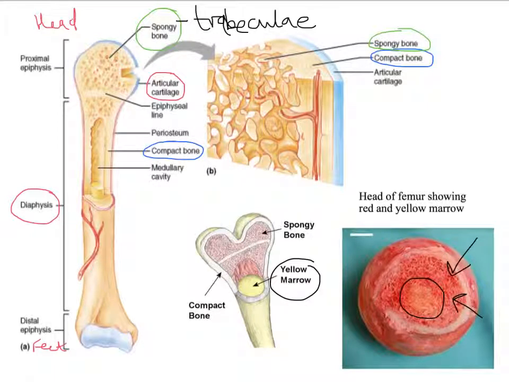Now, if we look at the picture on the left, we see what's called an epiphyseal line. In fact, I'm just going to highlight that in an exaggerated way, because it's really important.